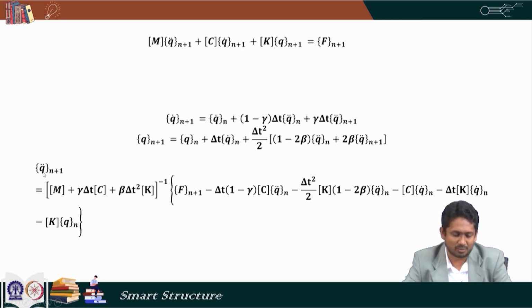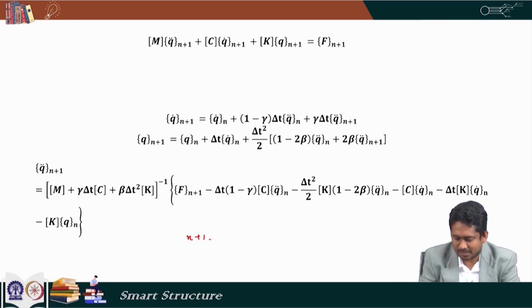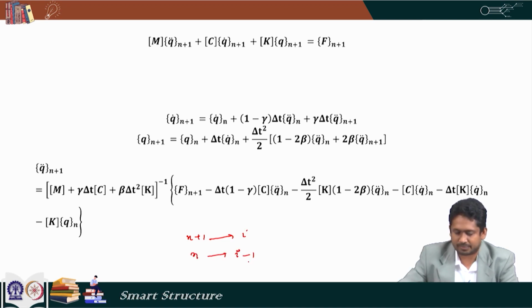So, at first we find out q. Here n plus 1 means the n plus 1th time step; in our code, n plus 1 is i and n is i minus 1.